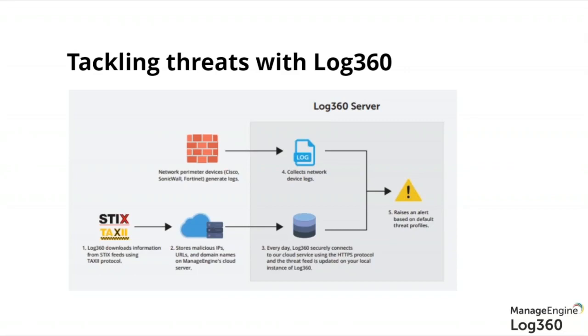So you can always be assured that you have access to the latest threat information. And of course, Log 360 collects all your network logs. It correlates your network events with the threat feed information, and it raises an alert if any malicious actors are recognized on your network.